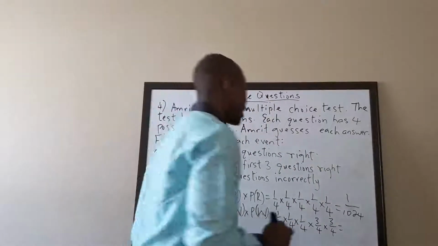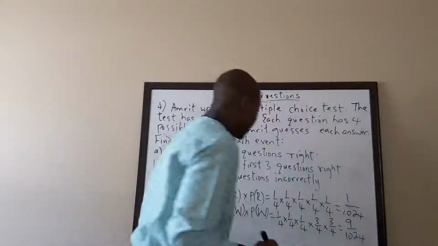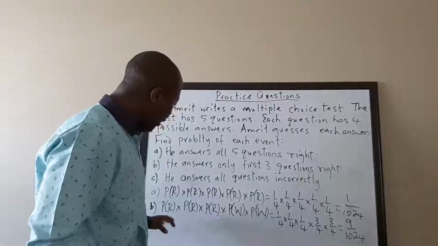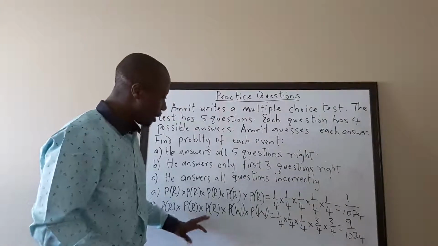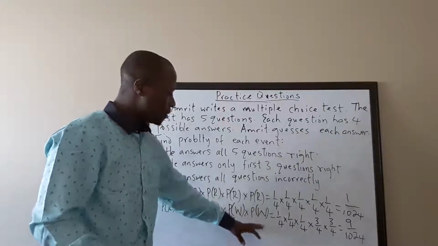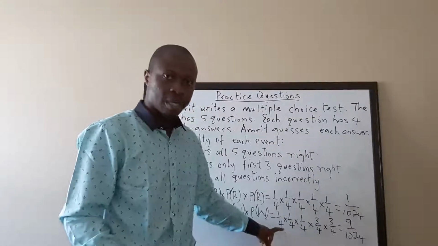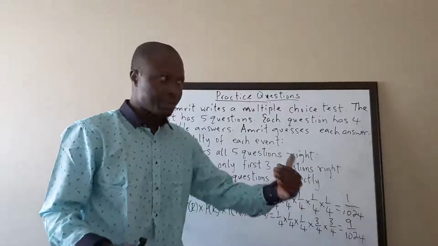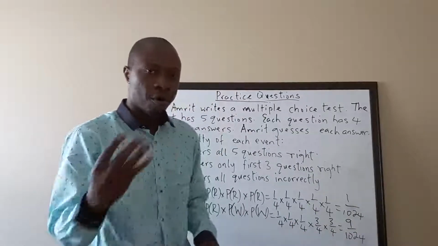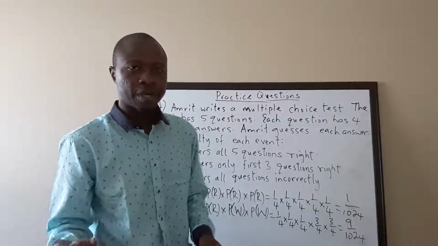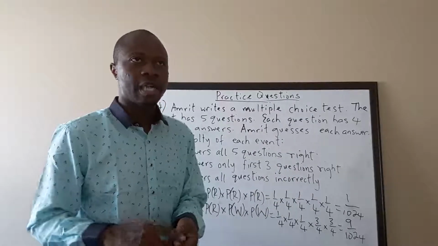So this is 9 over 1024. So again here, the probability that the first is right, second is right, third is right, fourth and fifth are wrong. When they're right, there's a 1 in 4 chance. When a question is wrong, it's a 3 in 4 chance. That's why we have 3 over 4, because you've got 4 options, 3 options are wrong, 1 option is right, so that means 3 out of 4 chances that you're wrong.